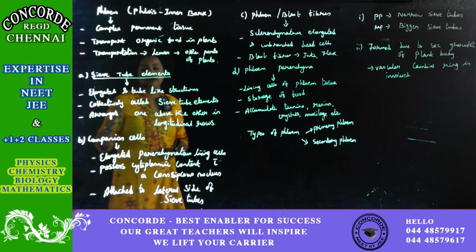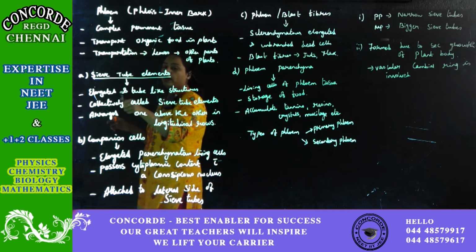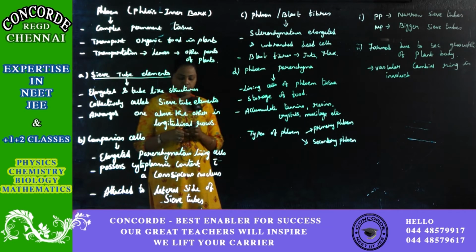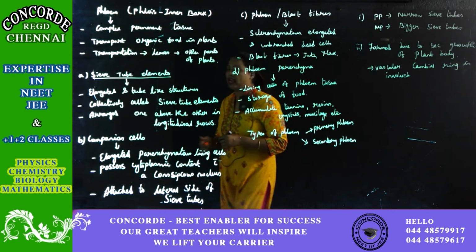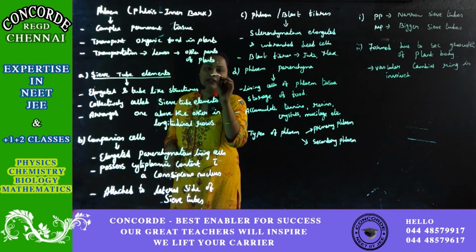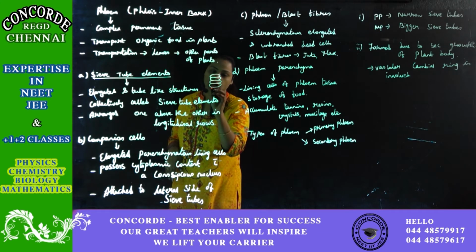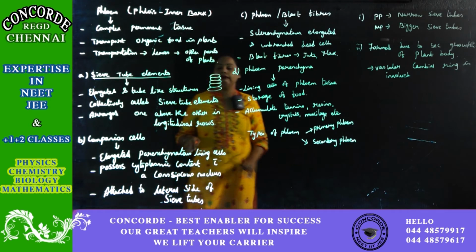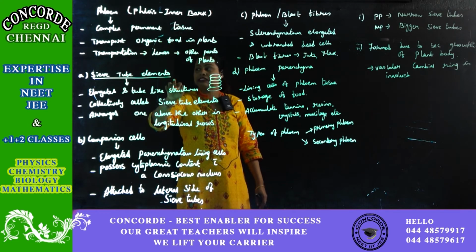These sieve tube elements consist of elongated tube-like structures, which we collectively call sieve tube elements, and these sieve tubes are arranged one above the other in longitudinal rows. So this is one part, sieve tube elements.